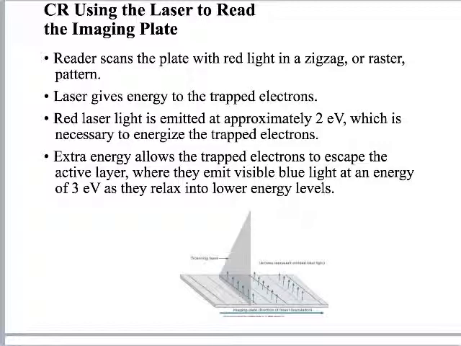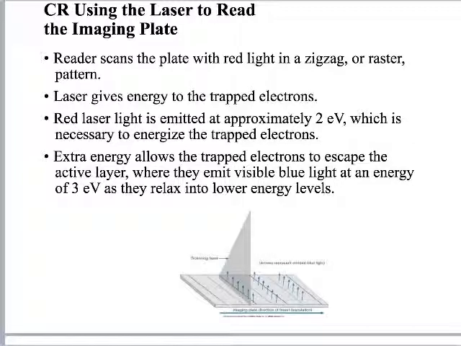So the phosphor gives off blue light, and the laser is red. That's the whole reason we can get a picture out of this thing, because what we're trying to look at is not what the laser's doing. We're trying to look at what the phosphor is doing in response to the laser.